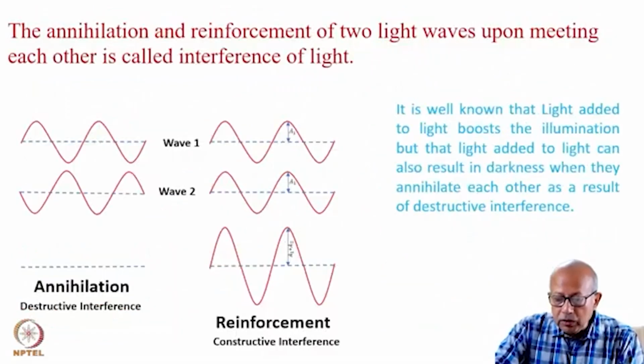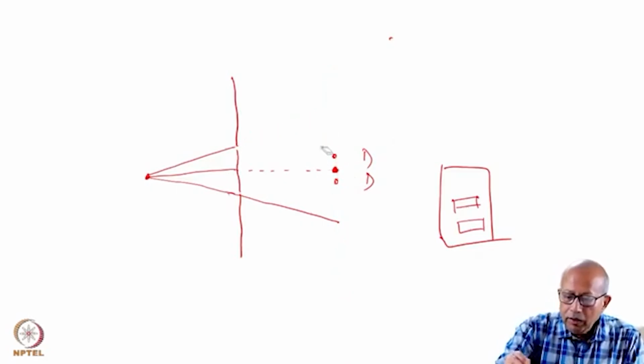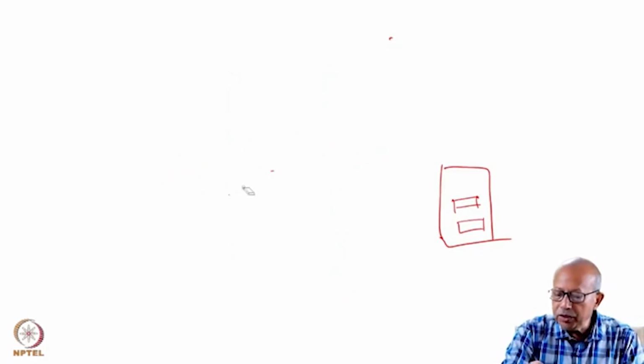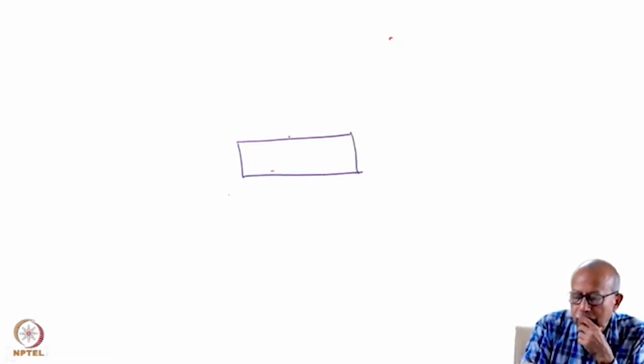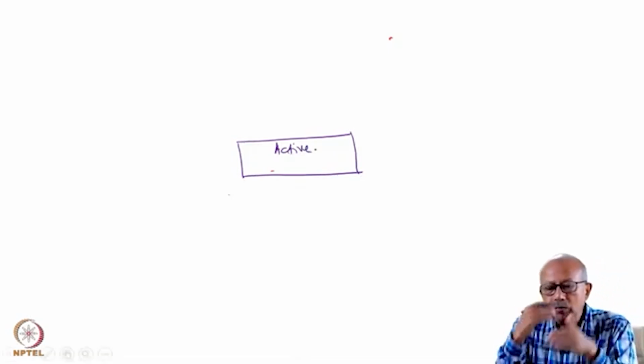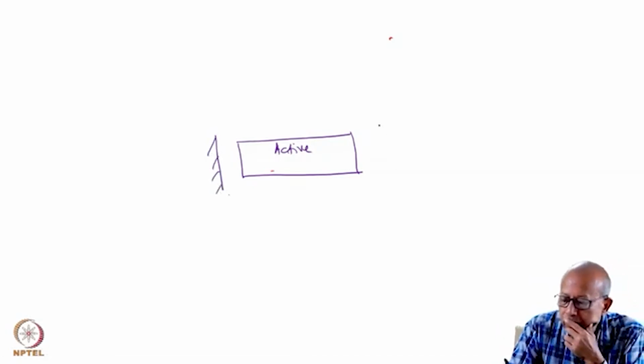You already know this, just touching upon it. You know that in the case of a laser, just refreshing your memory, you have an inverted medium, that is a medium in which you have inverted population, and you place this between two mirrors, which form a cavity, basically two parallel mirrors.